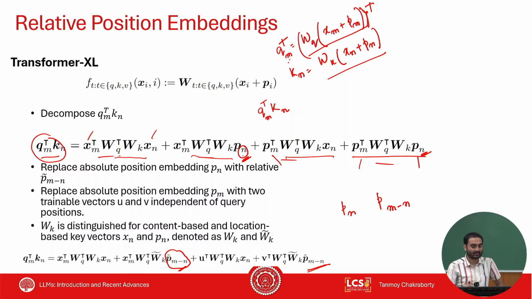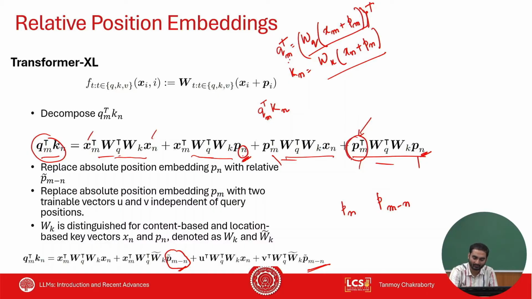What's the second change? The second change, what they said, is to look at this p_m. What is p_m? p_m is the position of the query. They said we don't care about the position of the query because we have already taken care of the relative position of query and key. Now let's replace this by some sort of bias term or parameter that we can learn.